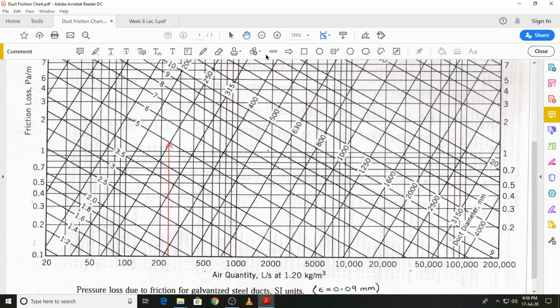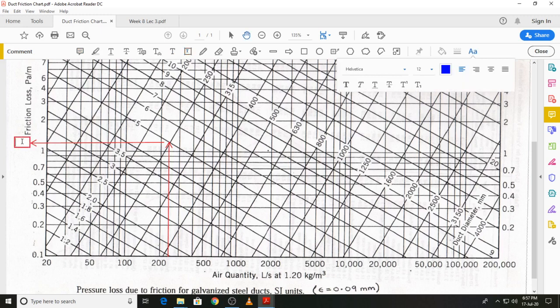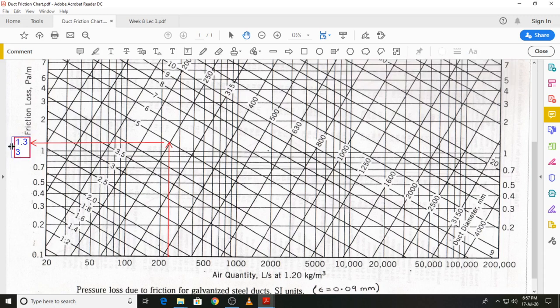And then we move horizontally to read the value of the frictional pressure drop per unit length, and you can see approximately this is around 1.3, and I will just mark this value over here that it is 1.33.